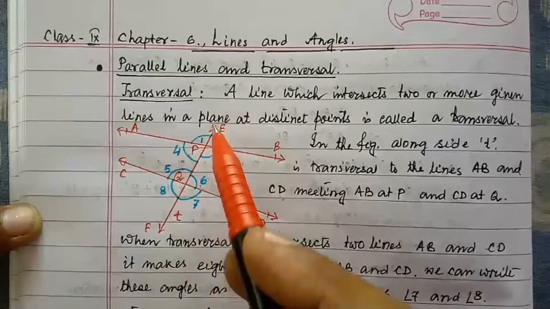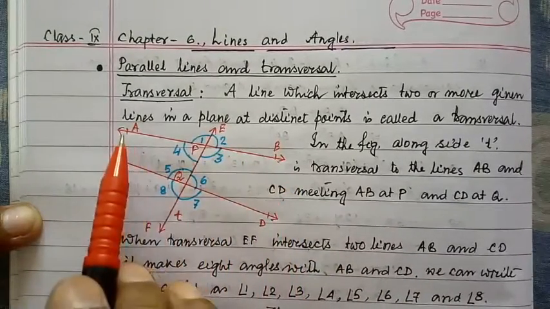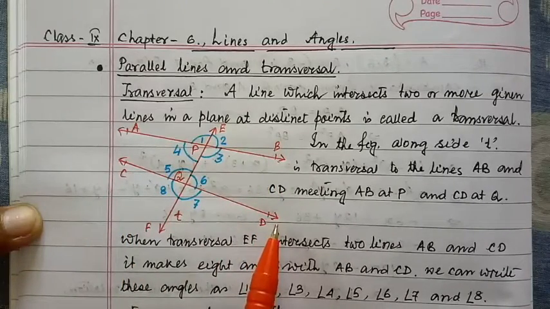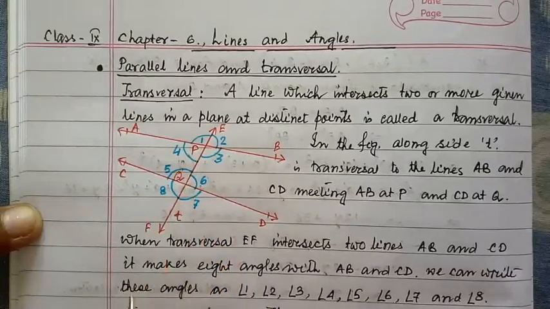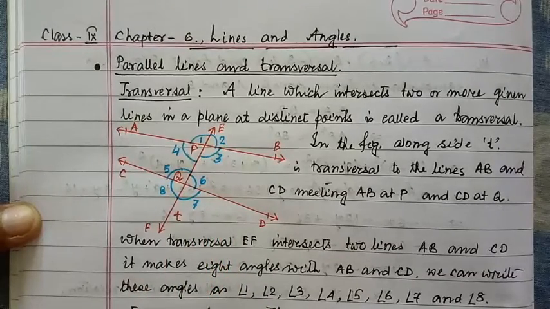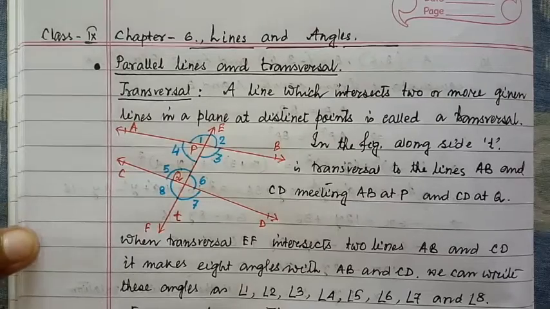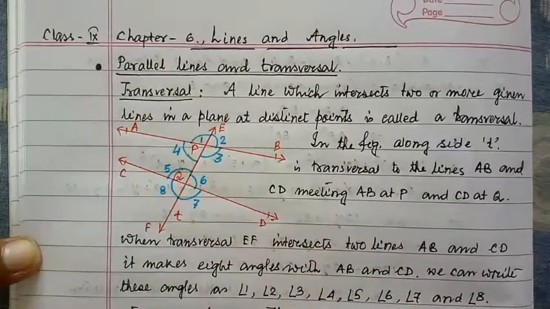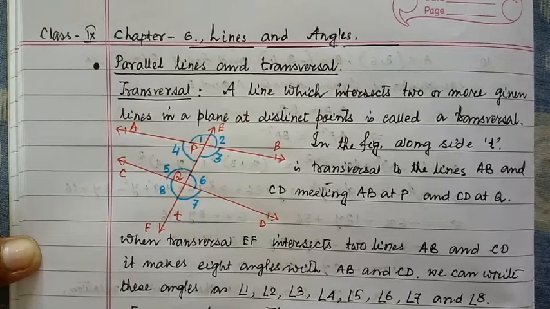The line EF intersects the lines AB and CD at the points P and Q, which are of course distinct points. Then EF, which is denoted by a small t, is called the transversal.